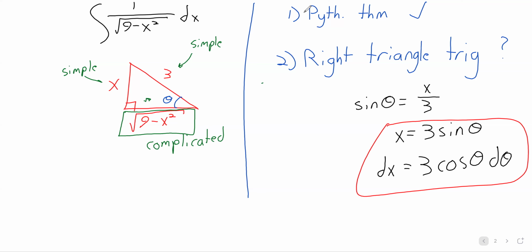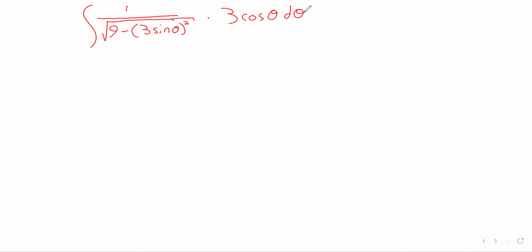Once we have x in those terms, we find dx, and then we replace x and dx, and we get some mess, or on the face of it, something that's a mess. But trigonometric substitution, I'm not claiming this is a one-size-fits-all solution to anything. We don't have a bunch of those in calculus.